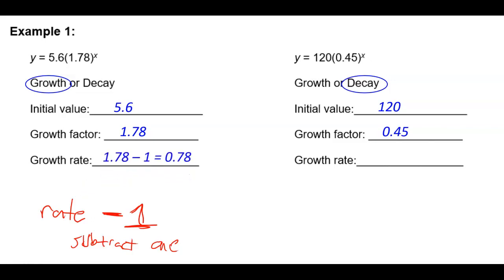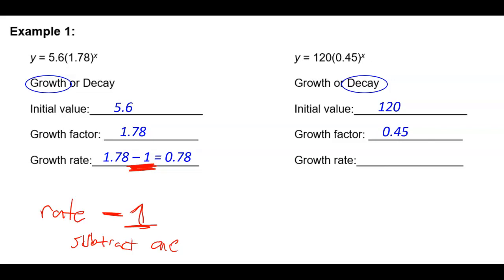They're going to take 1.78 minus 1. Whatever's left over is called the rate. So 1.78 is the factor. Take away 1. 0.78 is the rate. Does everyone see that you have to underline it? Subtract 1. If you don't subtract 1, that's not the rate. Okay? Right, Mike Scott?